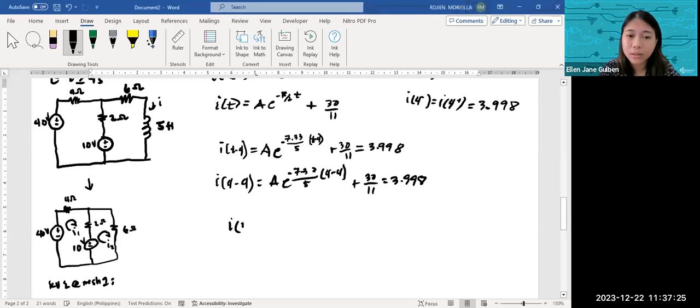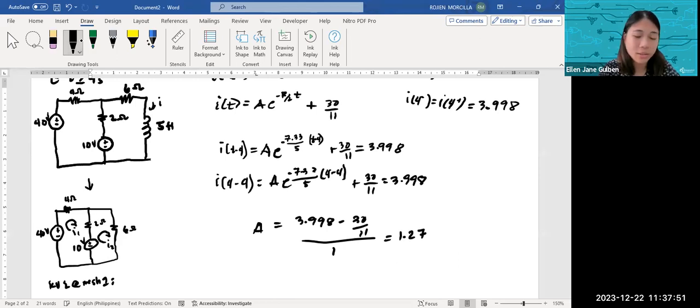So I at t minus 4 will get a 3.998 minus 30 over 11 divided by 1.8, which is equal to 1.2707.